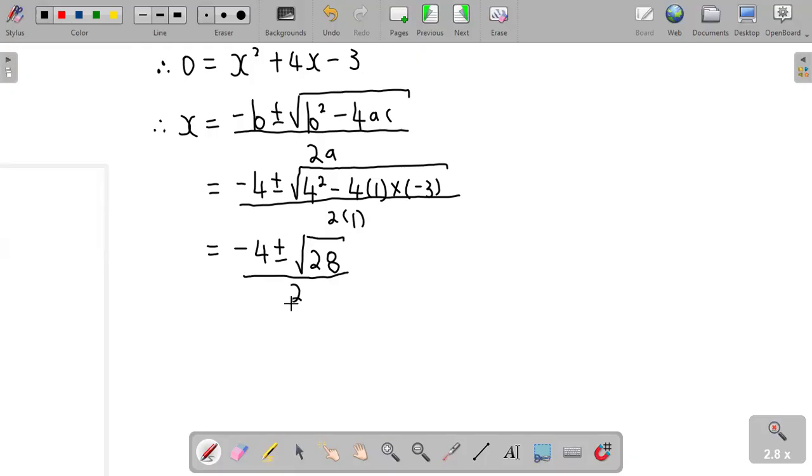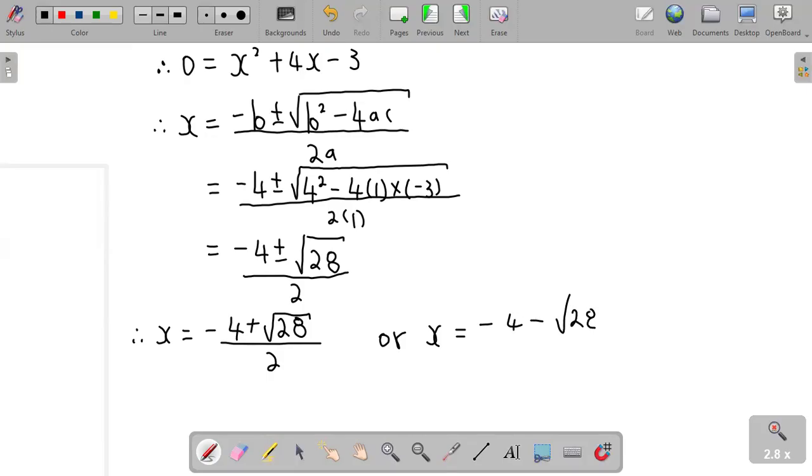And then you use a calculator. So therefore, x equals negative 4 plus square root 28 over 2, or x equals negative 4 minus square root 28 all over 2.